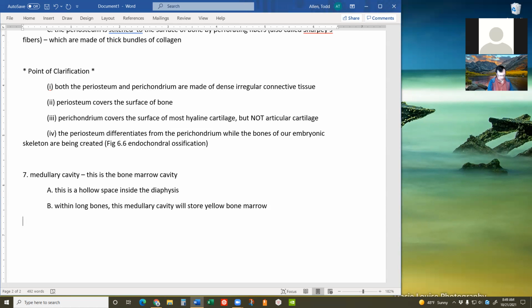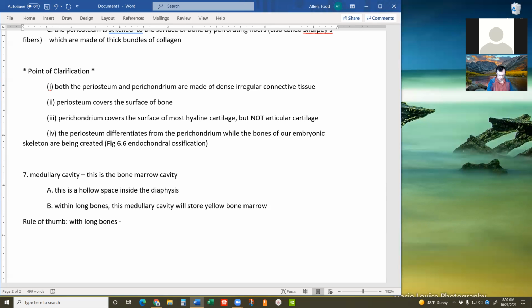Here's a rule of thumb to consider when you're thinking about bones. When we're talking about red bone marrow, that's typically going to be found in the epiphyseal and metaphyseal regions of long bones.